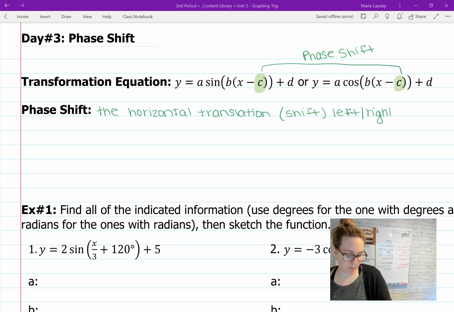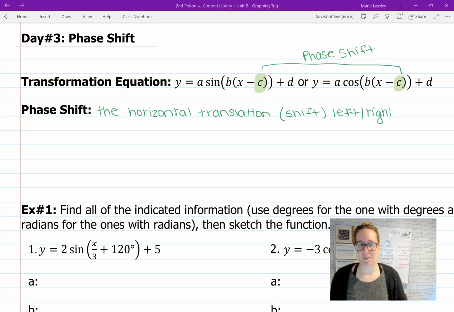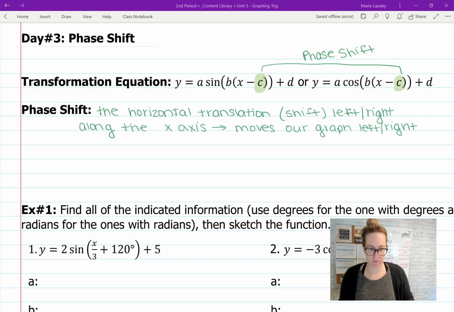More simply put, it moves our graph left or right. It's taking a bit to catch up on my writing. Okay, so we're moving our x-axis values.